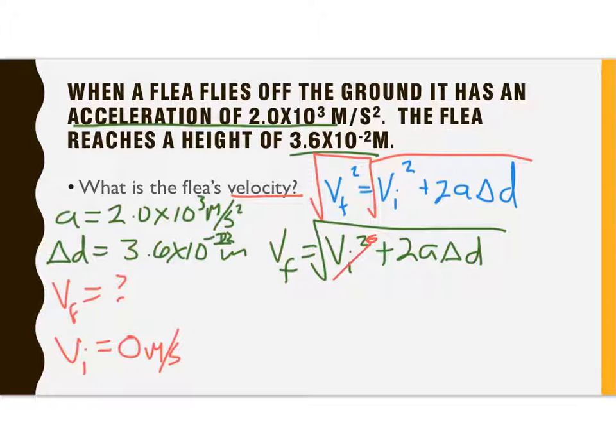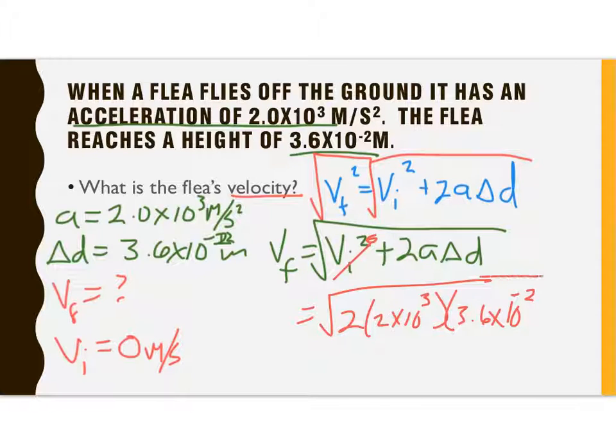And so I simply plug in, and I have the square root of 2 times a, which is 2 times 10 to the third, times delta d, which is 3.6 times 10 to the minus 2. Extend that square root over that, close off the parentheses. That's going to give me my Vf, and when I put all of this in my calculator, I get a final velocity of 12 meters per second.